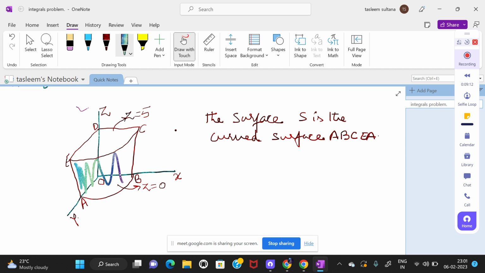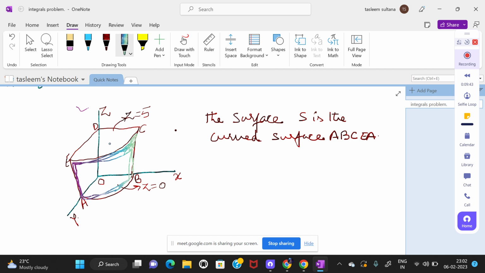We are going to solve for this part, this curve, this area completely.